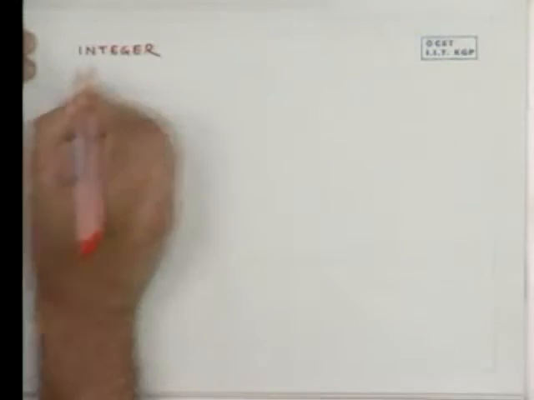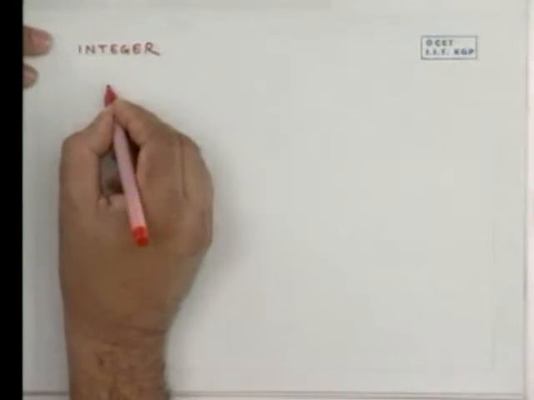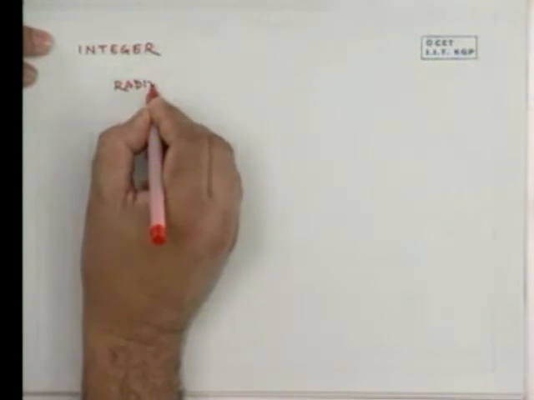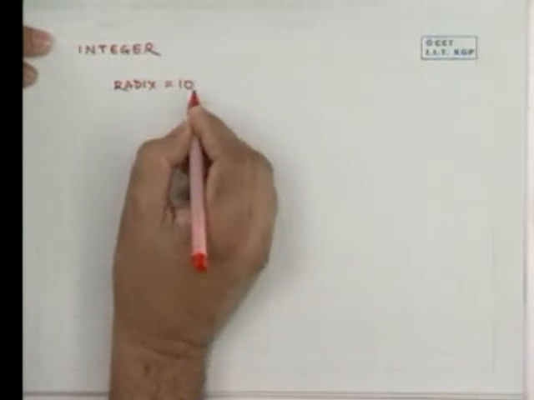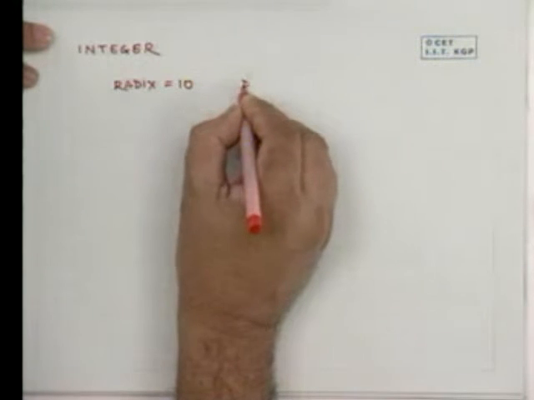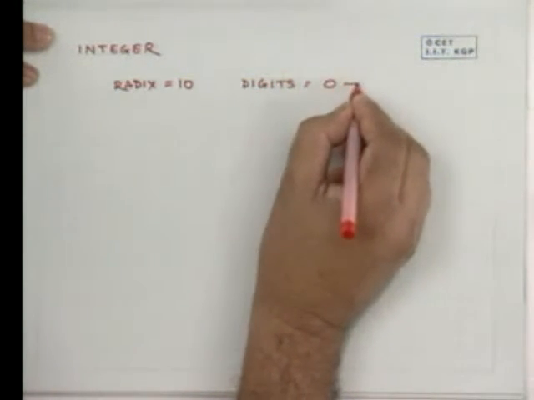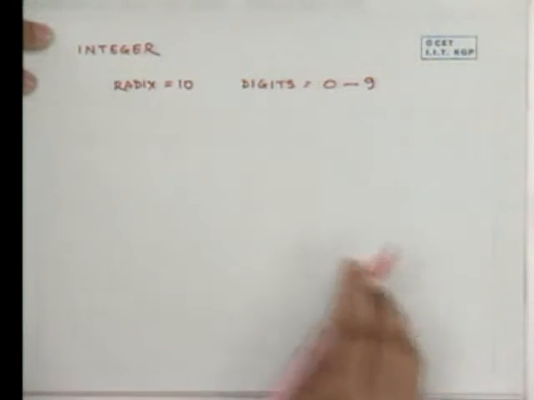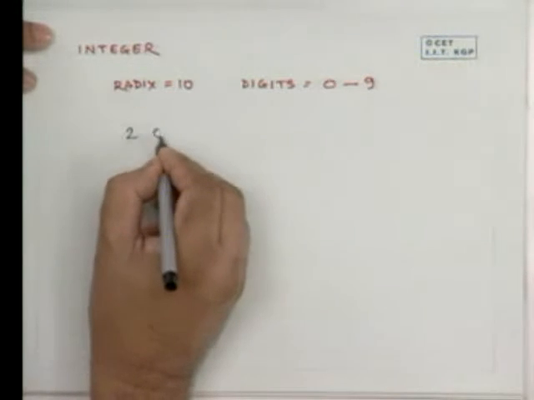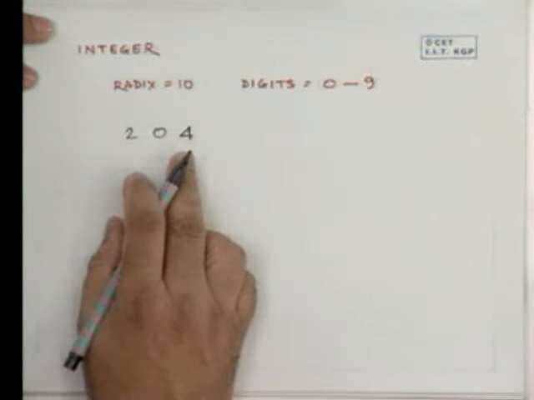When we talk about integers in the decimal number system, the radix is 10. By radix we mean there are 10 digits, 0 to 9. When we represent a number, say 204, this essentially is a positional number system.